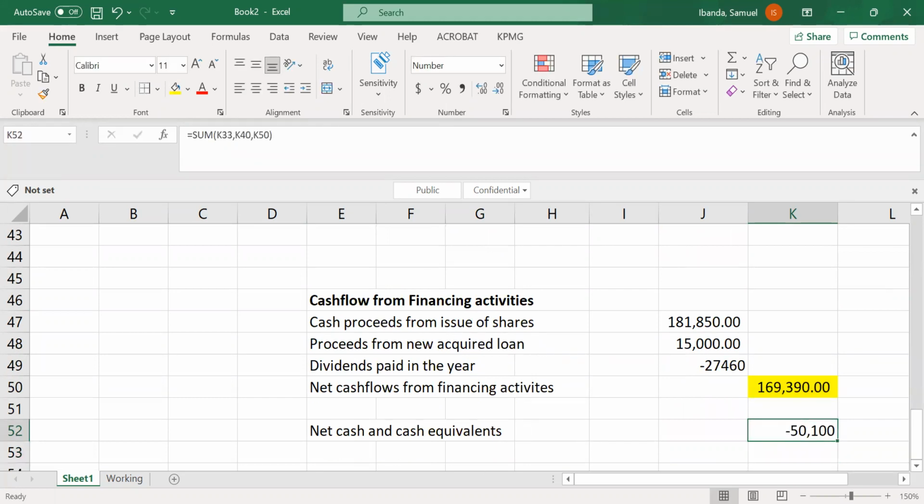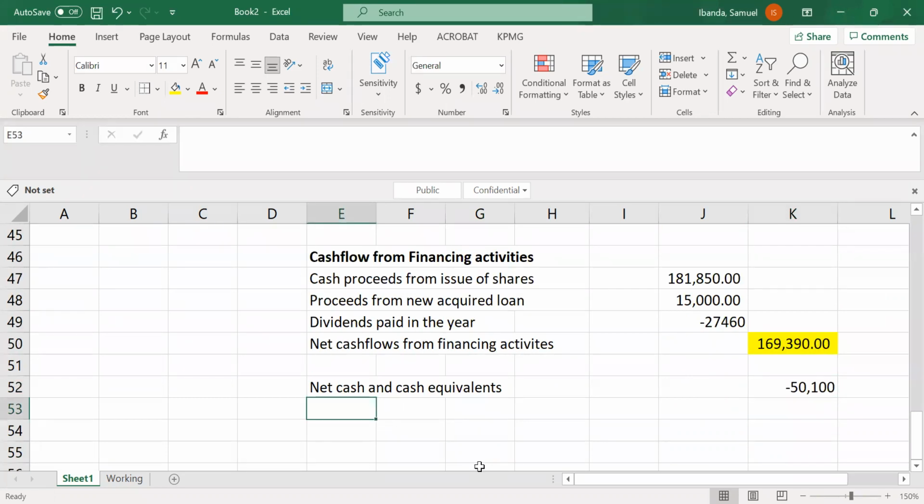So it gives us 50,100. Now, after you have done so, again, I want to draw your attention to our format, which can help.